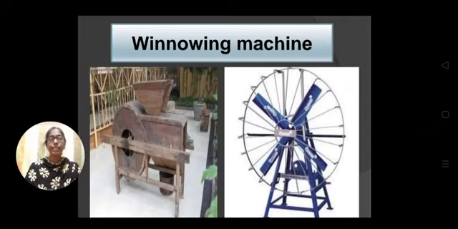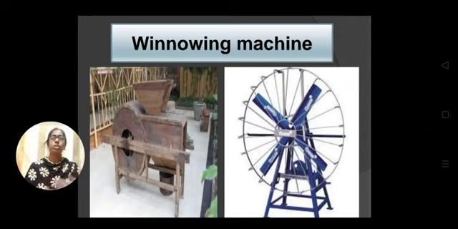So what is the difference between winnowing and threshing? Threshing means separating the seeds from the chaff. After separation from the chaff, winnowing is the method in which the chaff is separated from the seed.